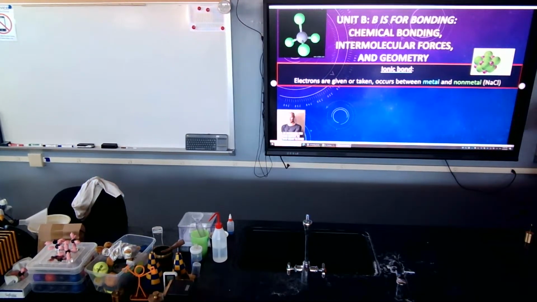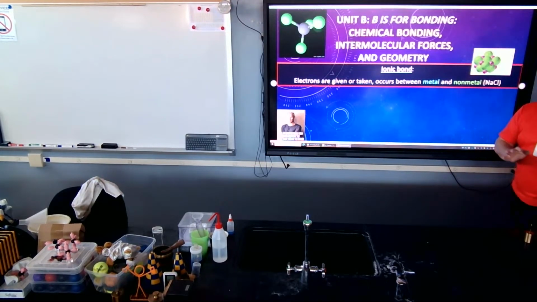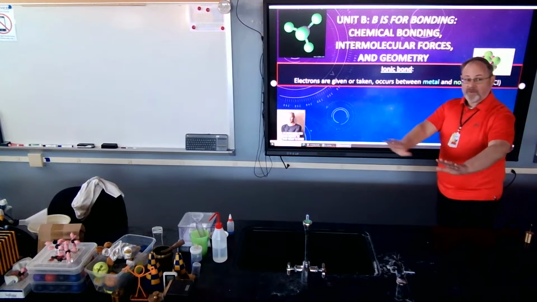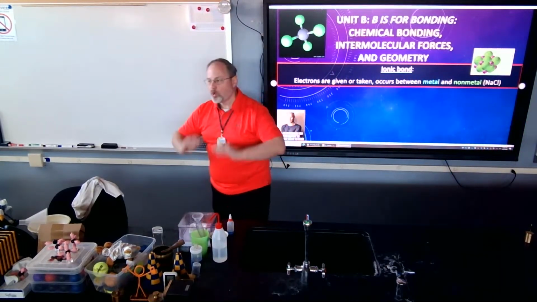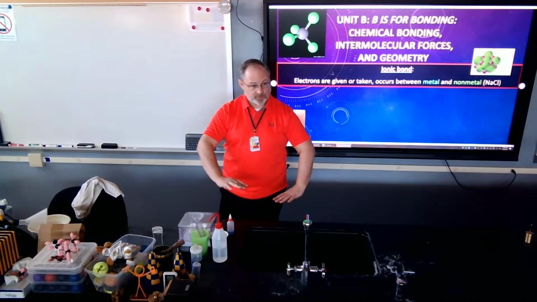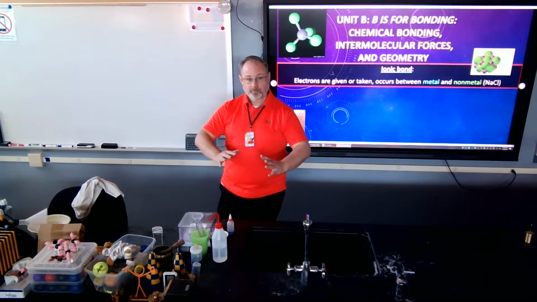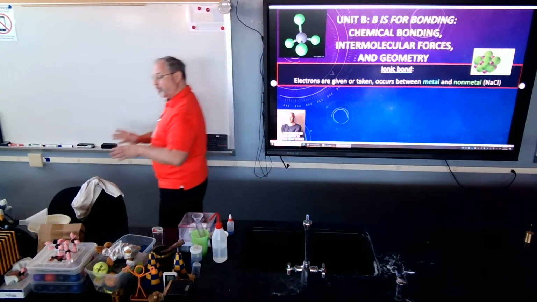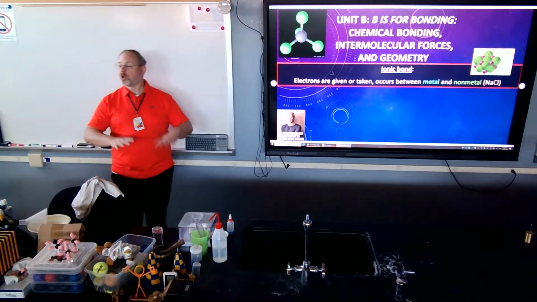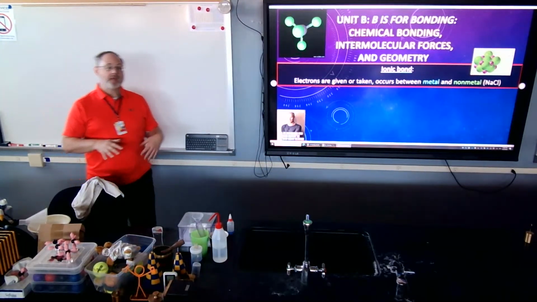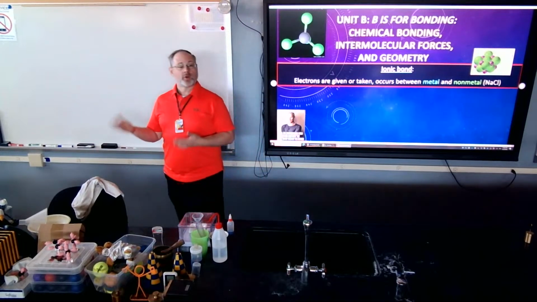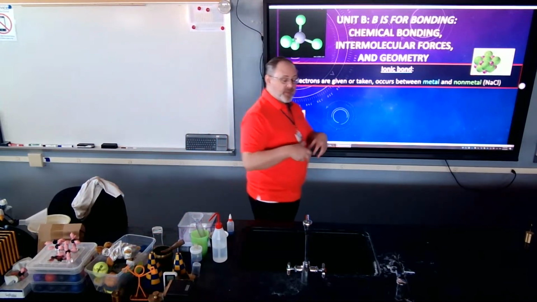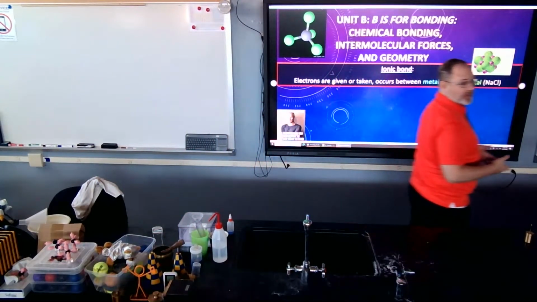The reason that atoms bond, the whole reason they bond, is so they can attain a lowest energy state. And the way they do that, the best way to do that, is to look like a noble gas, to be isoelectronic with a noble gas.